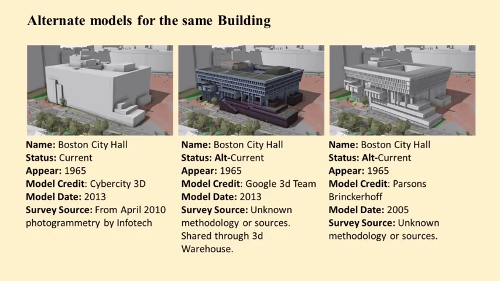The model management system is really an asset management system that is capable of storing multiple representations of the same building, such as we have here, building models that were compiled at different times for different purposes with different technologies at different levels of detail, can all exist at the same time within the model management schema.